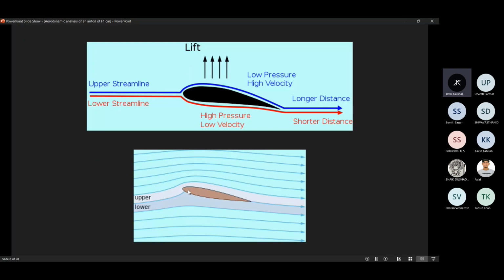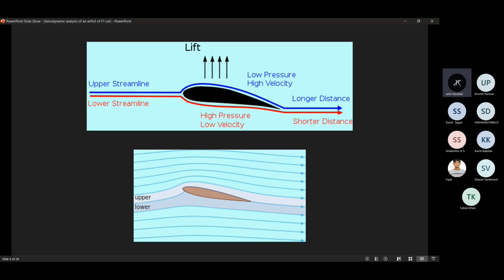Yeah, because these streamlines pinch together due to the obstruction by the airfoil. And there is a law in aerodynamics which explains that whenever streamlines come closer together, they speed up, and the derivation of that law is very difficult.